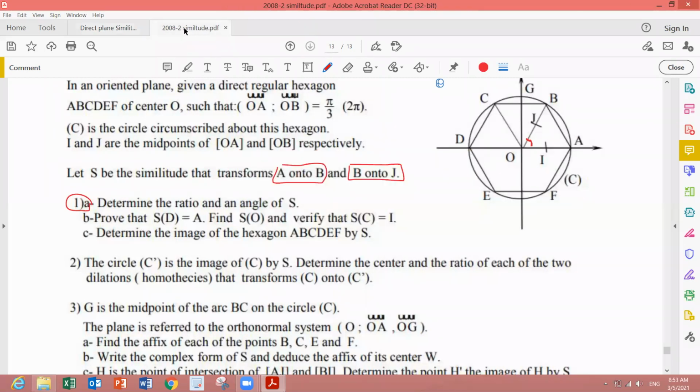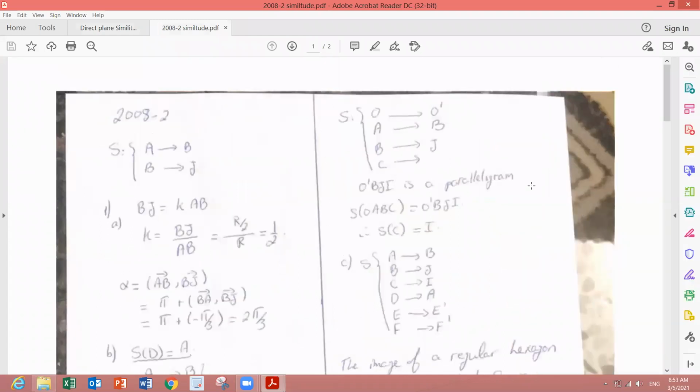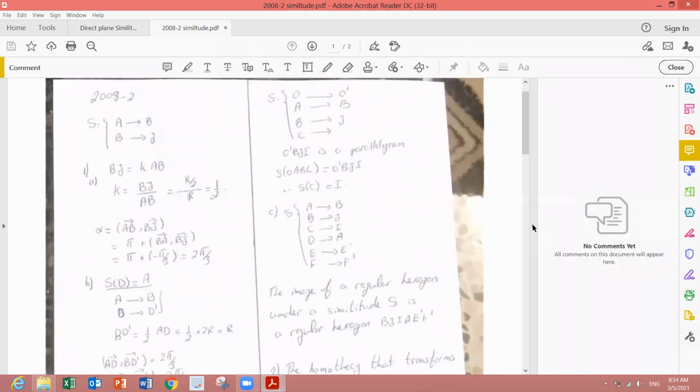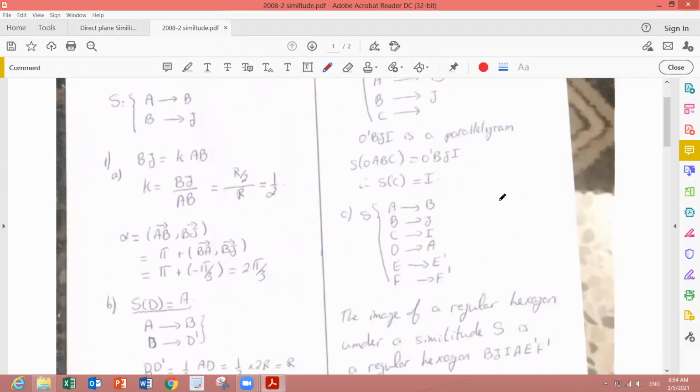S transforms A onto B and B onto J. So BJ equal K AB, K equal BJ over AB.